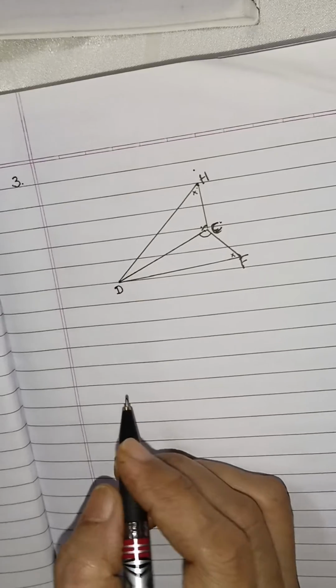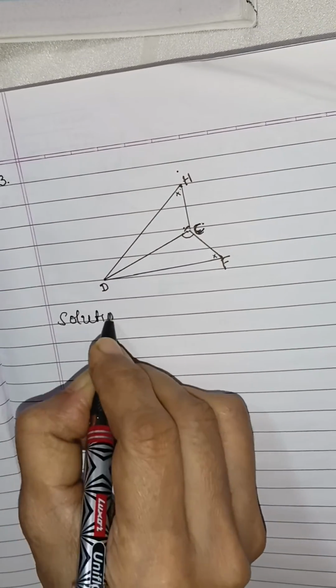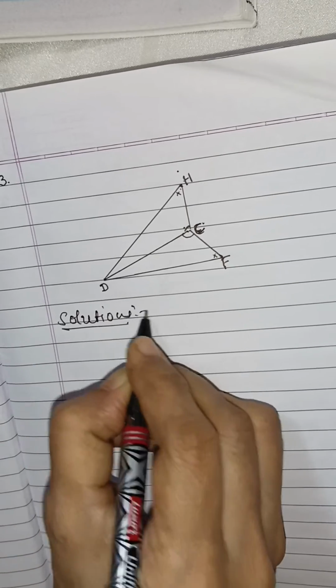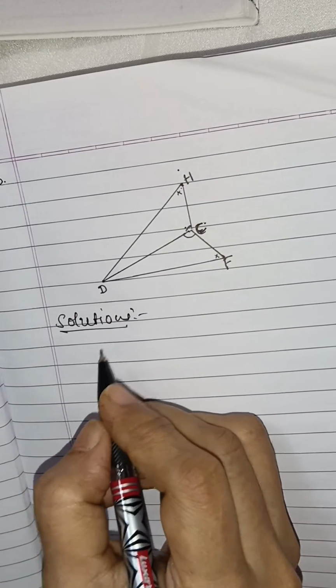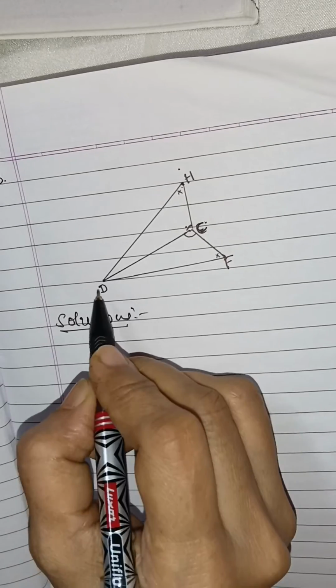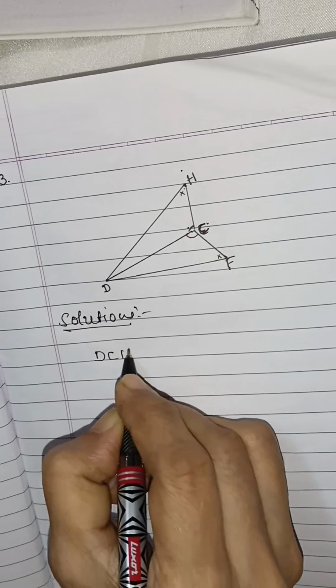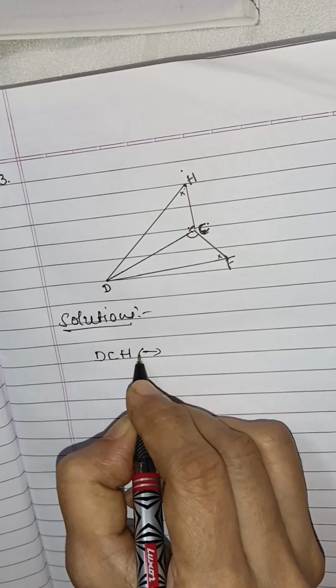Solution. Here DCH corresponds with DCF, and HDC corresponds with FDC.